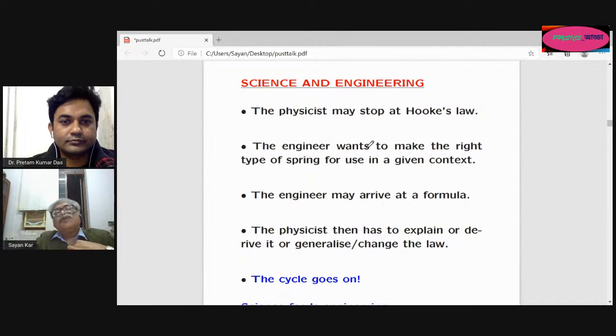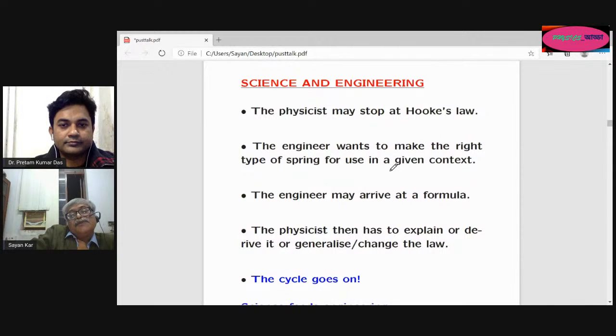If you just have Hooke's law, the physicist may stop and say that I have told you what happens if you have a mass attached to a spring, and it's going to oscillate with a certain frequency. But then, what does the engineer want to do? The engineer wants to make the right type of spring for use in a given context. And there are various situations and applications where you will need specific springs with specific spring constants.